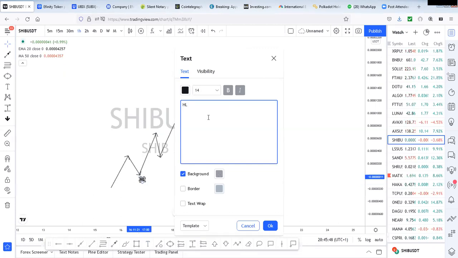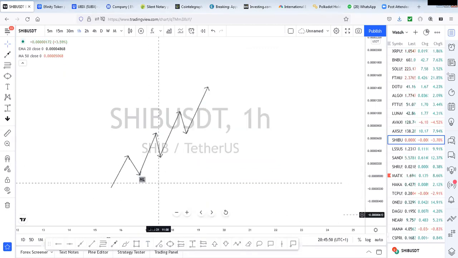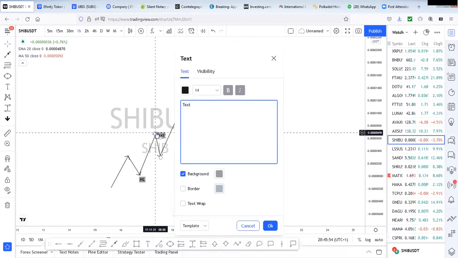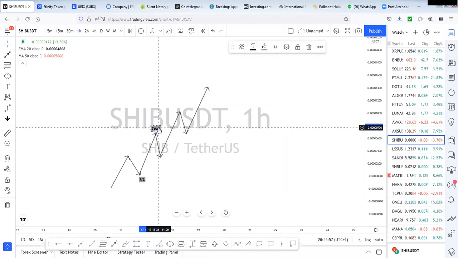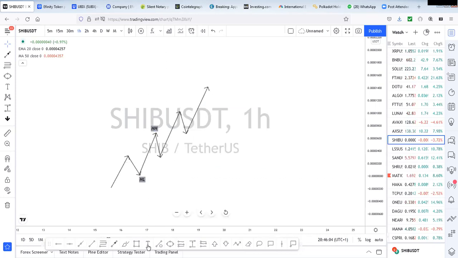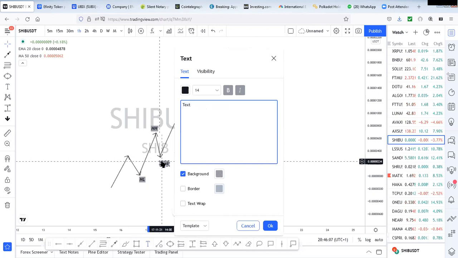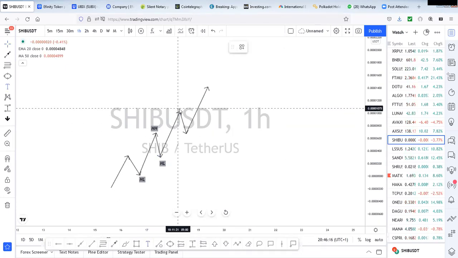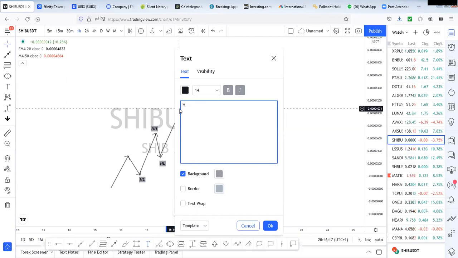higher lows, higher highs, higher lows, higher highs, and so on.